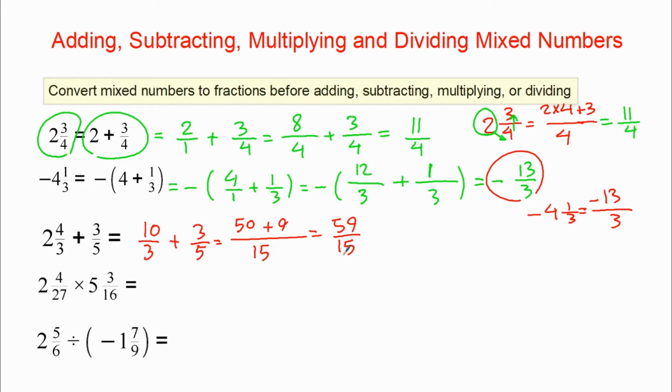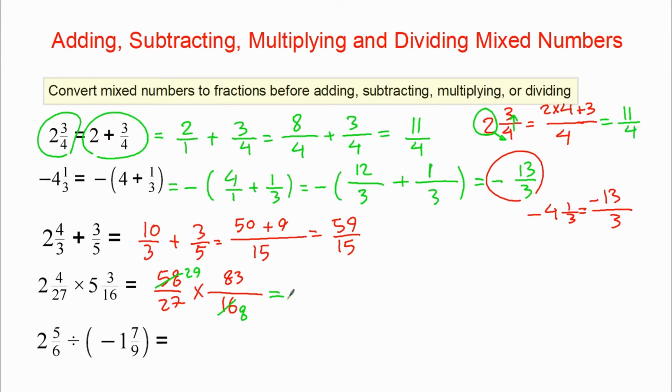So in this example, 2 times 27 is 54, plus 4 is 58 over 27, times 5 times 16 is 80 plus 3 is 83, divided by 16. As I mentioned before, we need to simplify as much as possible. So 16 can be divided by 2, which is 8, and 58 divided by 2, which is 29.